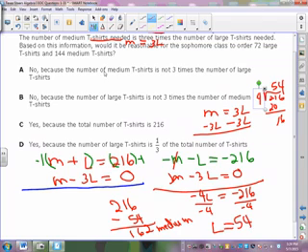If you do 54 times 3, that's 162 mediums. They've only ordered 144. So there is a problem, so the answer is no, and it's because the number of medium t-shirts is not 3 times the number of large t-shirts.